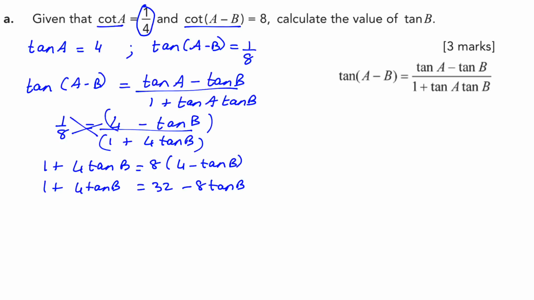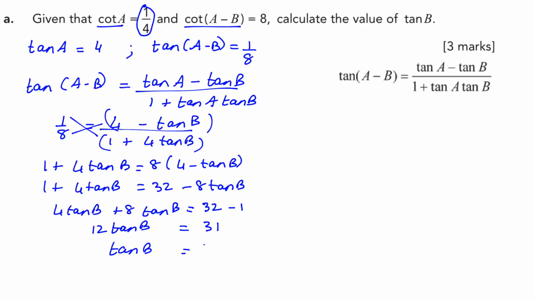You want to find tan B, so bring it to the left hand side, make it the subject. 4 tan B plus 8 tan B is equal to 32 minus 1. 12 tan B is equal to 31. Therefore, tan B is equal to 31 over 12.